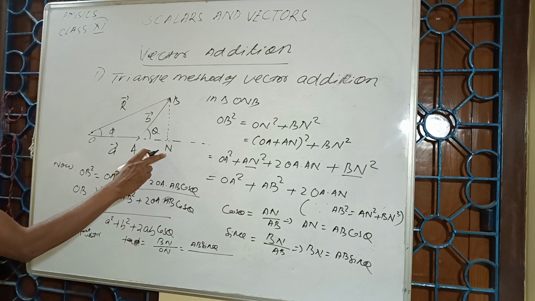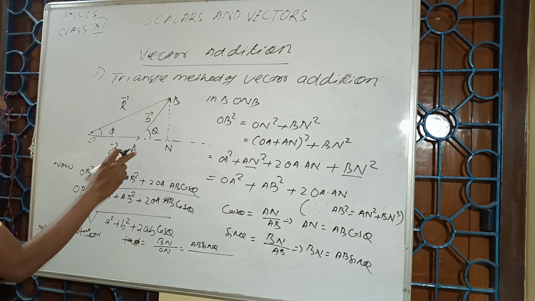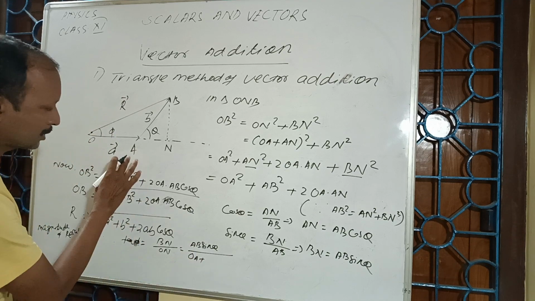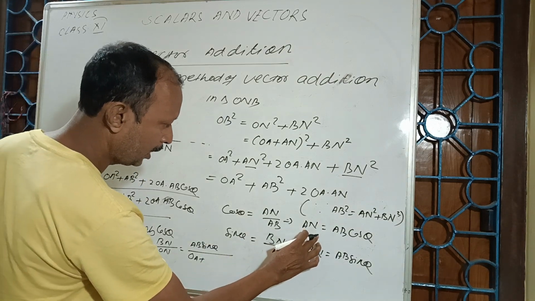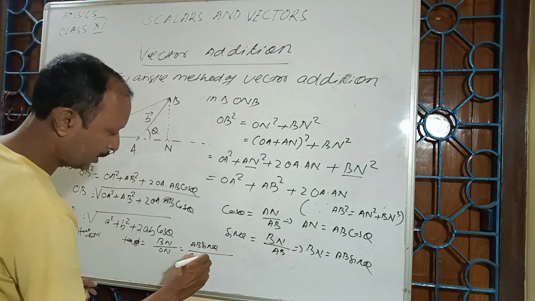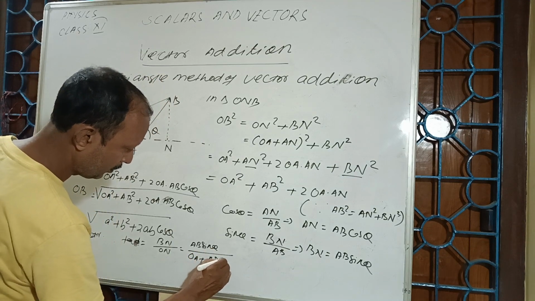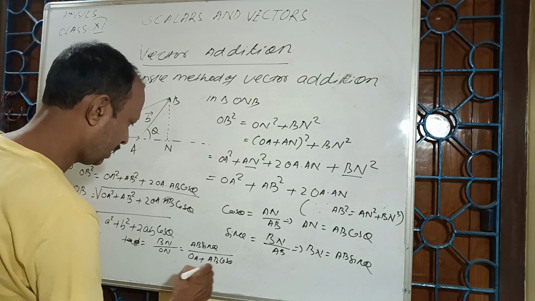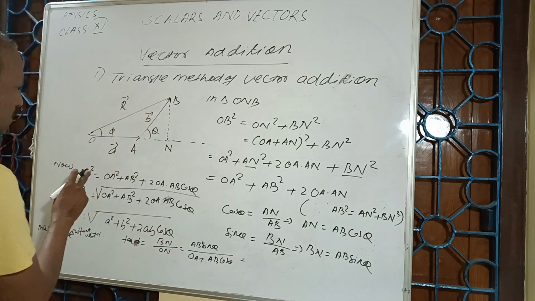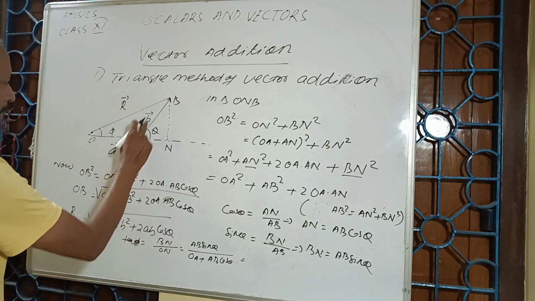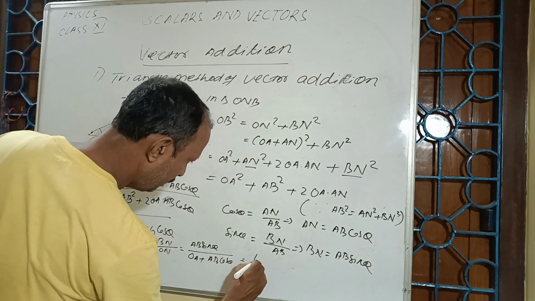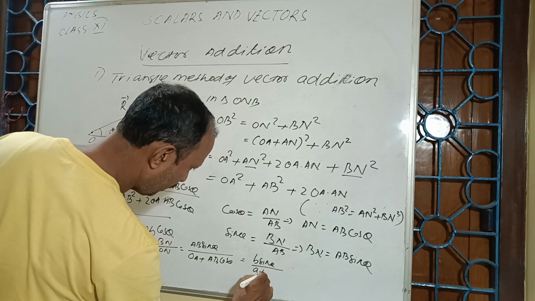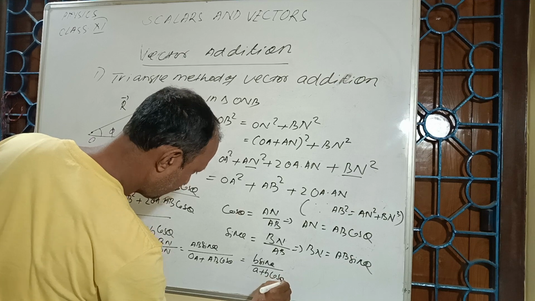In place of ON, I can write OA plus AN. In place of AN, I can write AB cos theta. So here, that means B sin theta divided by A plus B cos theta.